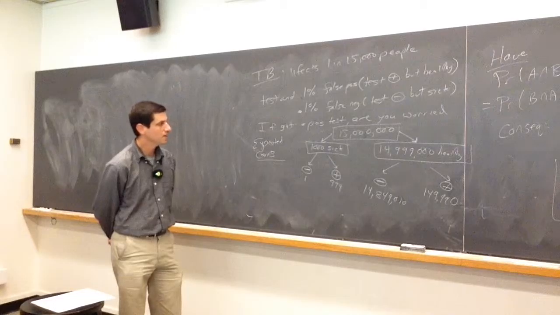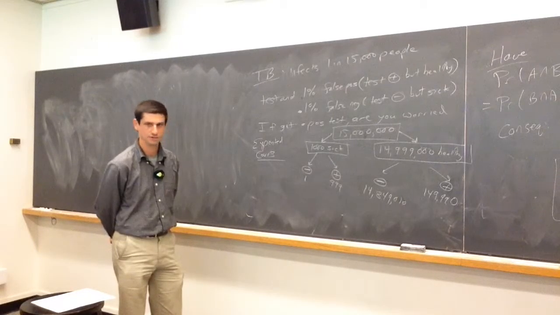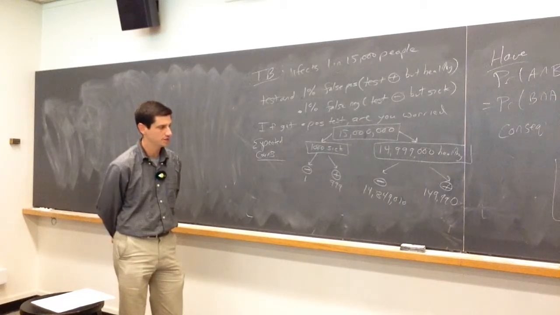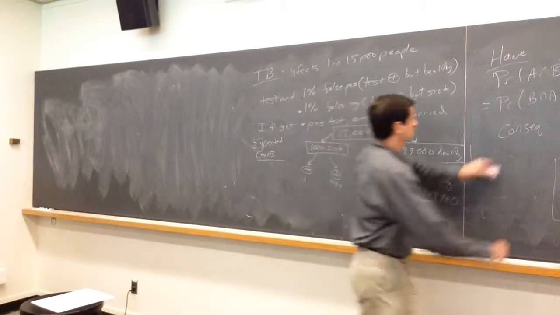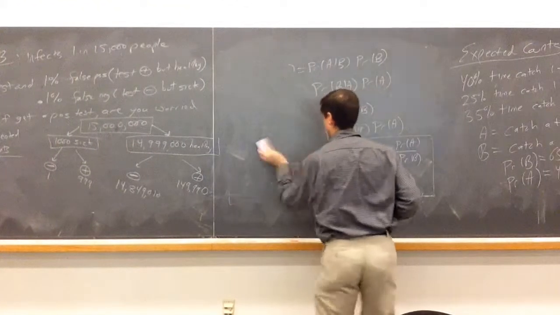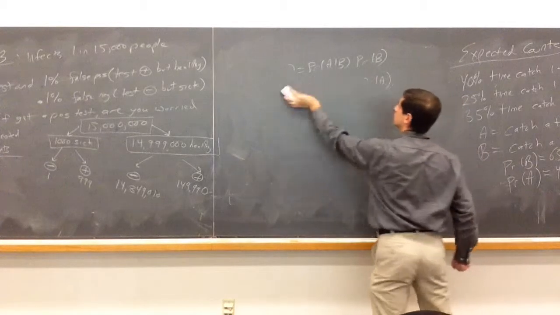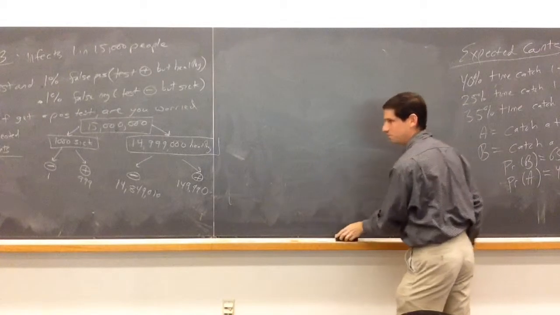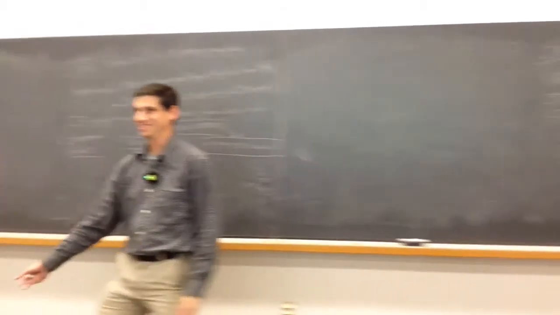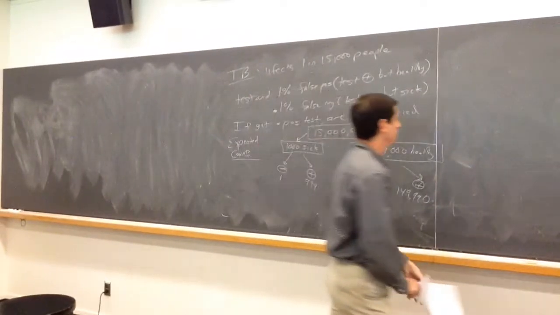Okay, so now let's imagine you test positive. How many people test positive? I probably shouldn't be erasing Bayes' theorem right before using Bayes' theorem. All right, so let's say you test positive.